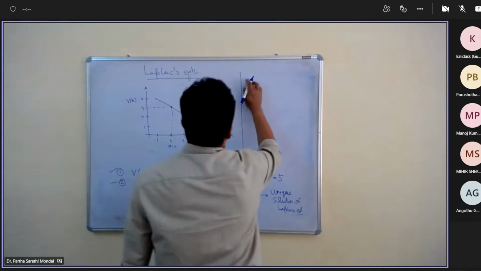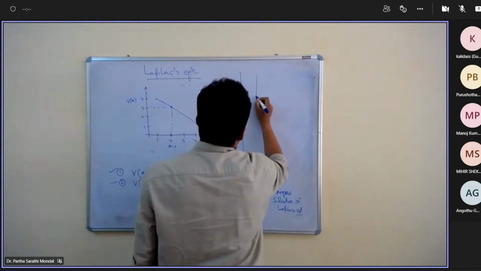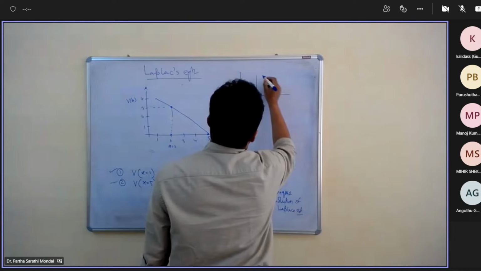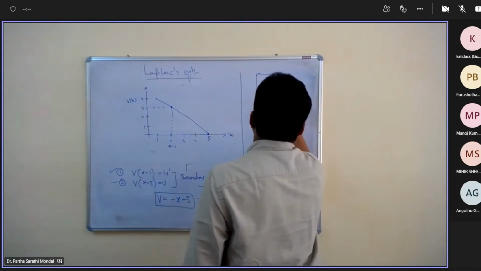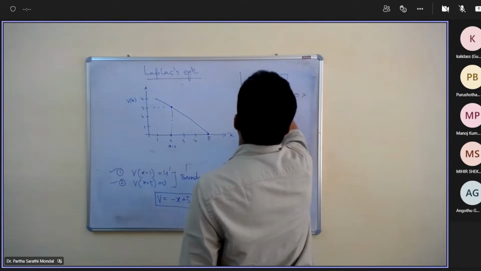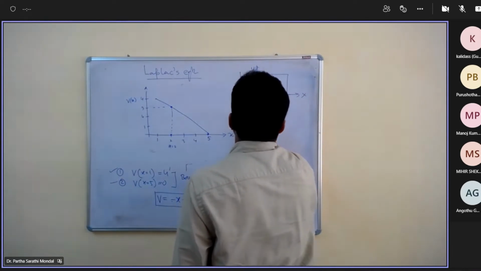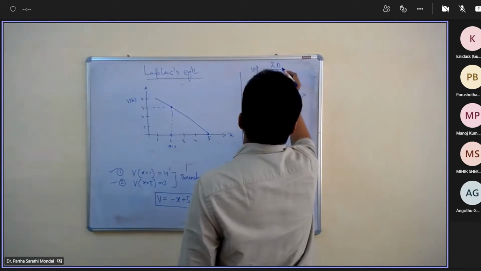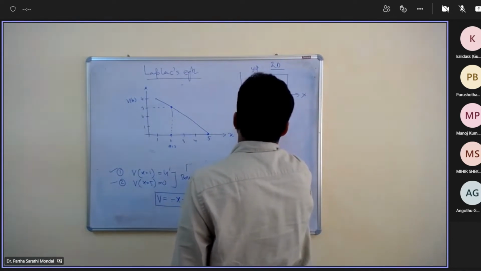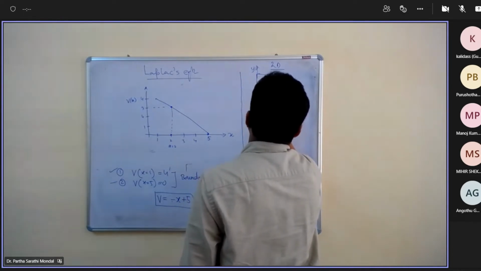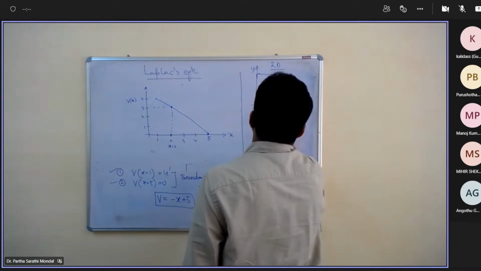Now this is for the one dimensional case. For two dimensions in the Cartesian coordinate system, that means you have a lamina type of thing, so there will be two coordinates, x and y. In that case, your Laplace equation will become del square v by del x square plus del square v by del y square equal to 0.